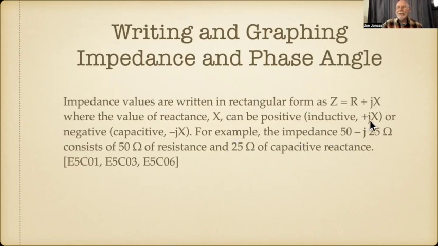See, plus J, that's inductive, or negative, and here we got a minus J, which is capacitive. And then they have the example 50 ohms minus J 25 ohms, which would be 2.5 on our scale, or 50 ohms of resistance, 25 ohms of capacitive reactance.